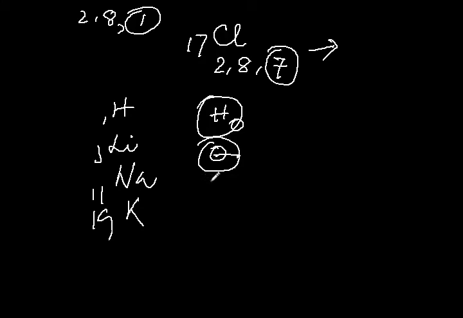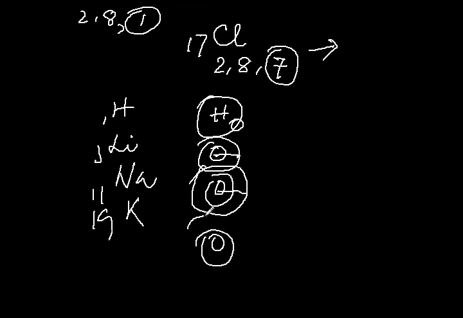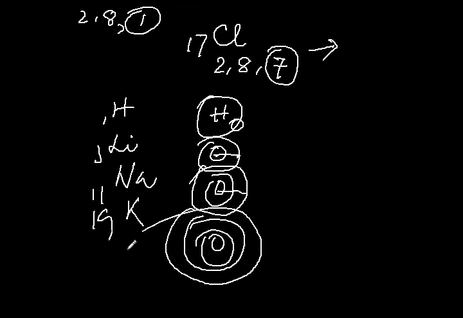In case of sodium, there are three shells. So the outermost shell has much greater distance than that of lithium. So ionization energy will be less. And in case of potassium, there are four shells. So the distance increases and the force of attraction decreases. So by applying less energy, this electron can be removed from the outermost shell.